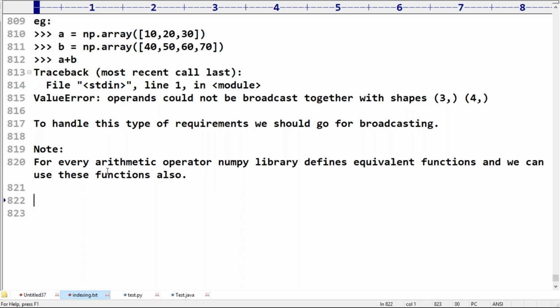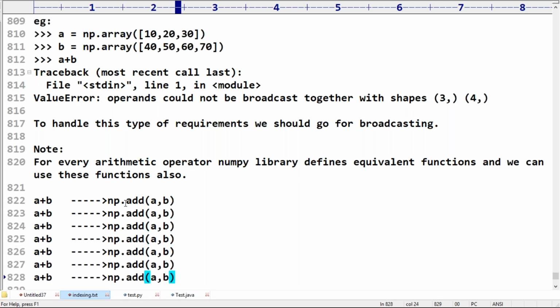If we have the plus operator, the equivalent function is np.add. If I take a plus b, that's np.add of a comma b. Similarly, the remaining ones.